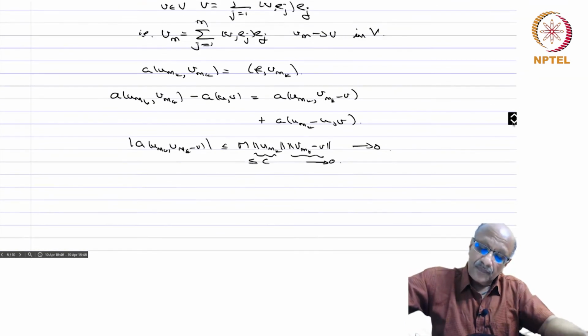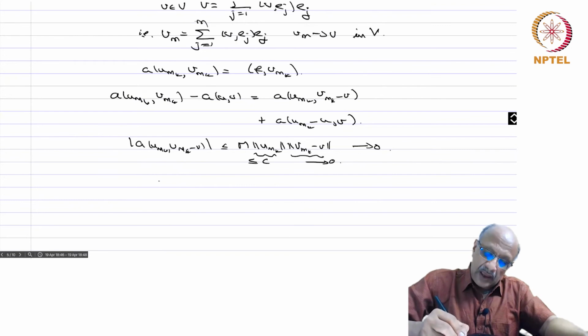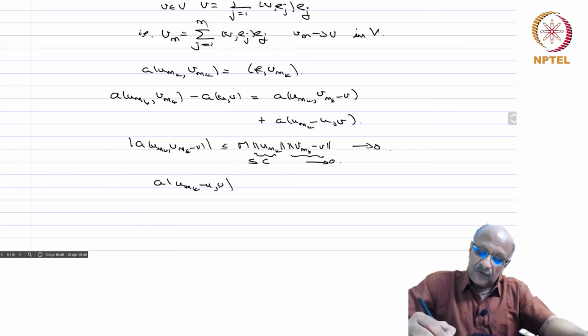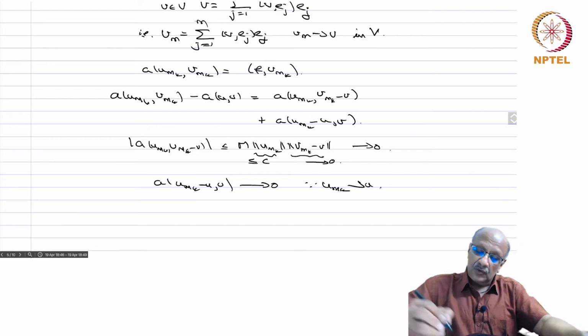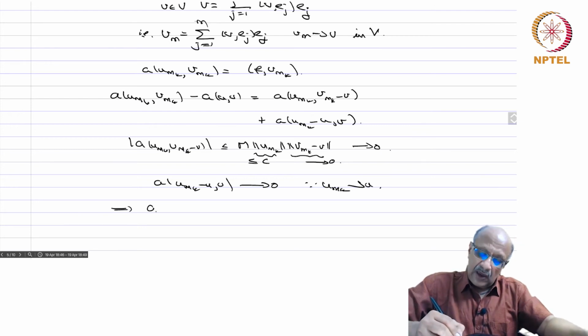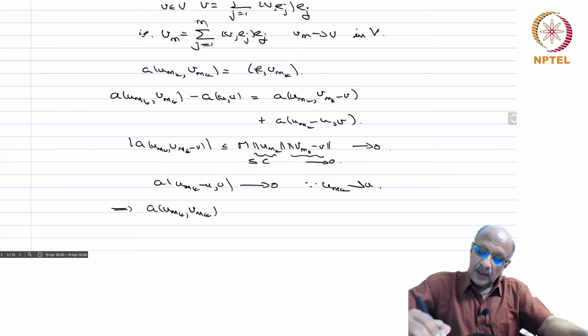Similarly, if you have A of u_mk minus u, V, now this is a continuous bilinear form, so action on V gives you a continuous linear functional, and since you have weak convergence, this goes to 0 since u_mk weakly converges to U. And therefore you have A of u_mk, V_mk goes to A(u,V).